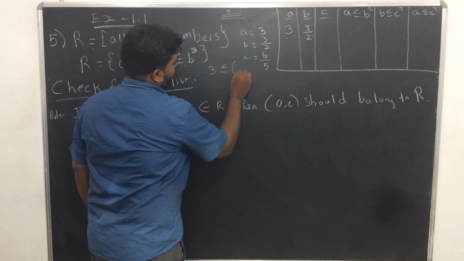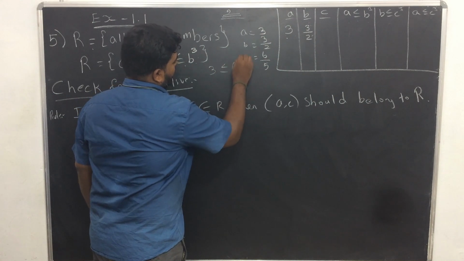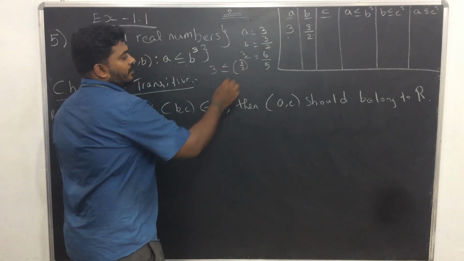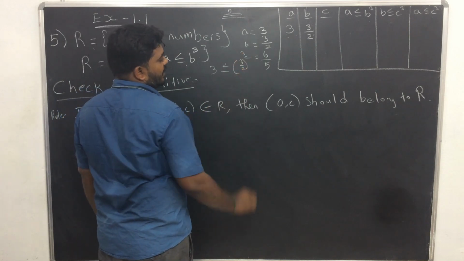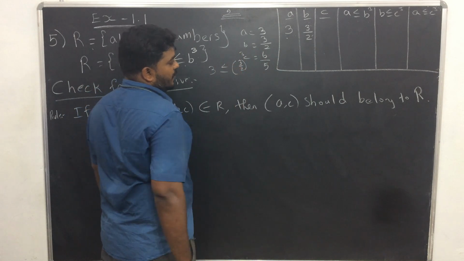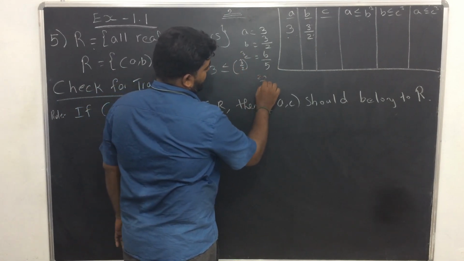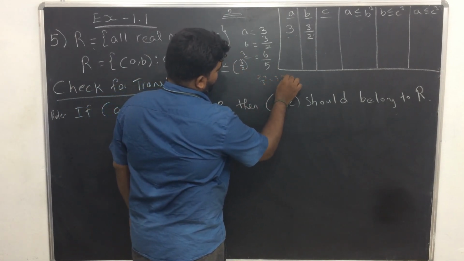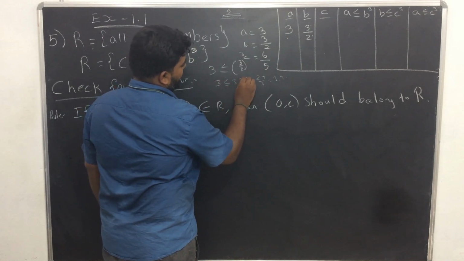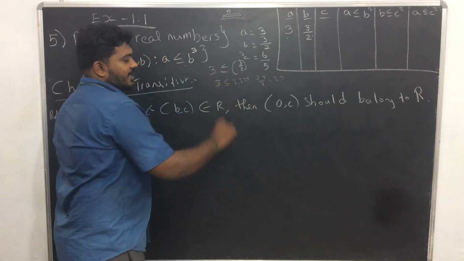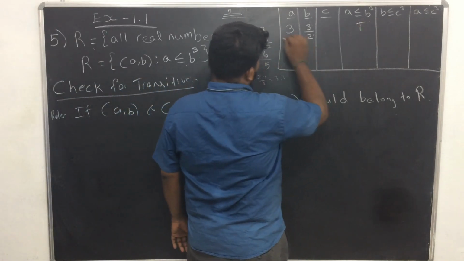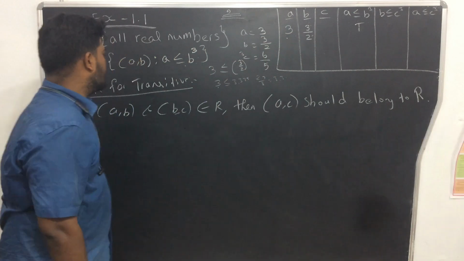What is 3 by 2 the whole cube? It is 27 by 8, since 3 cube is 27 and 2 cube is 8. 27 by 8 is equal to 3.375. So 3 is less than or equal to 3.375. Of course 3 is less than 3.375. So this is true, which means A comma B lies in the relation.